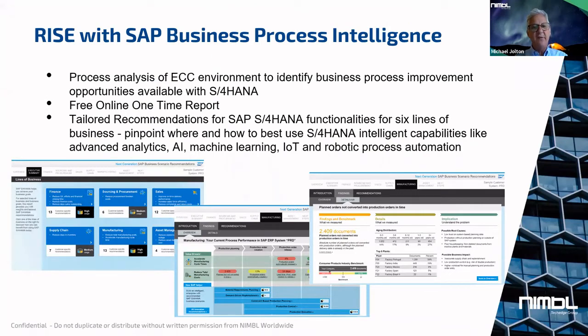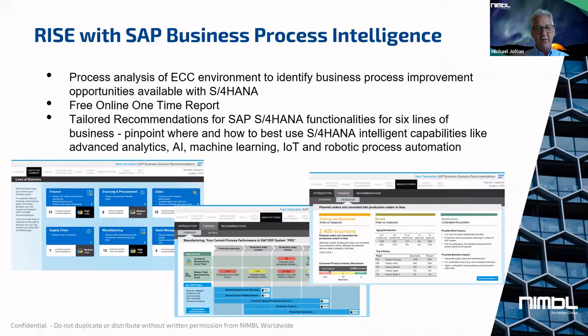So moving from that to the business process intelligence piece, for those of you on ECC who know this is going to be very similar to the business scenario recommendation report. And SAP is starting there, but they're creating a RISE only version, and then they'll continue to update this. So this is how things stand today. This could change in the very near future, but the idea is, go in, look at your ECC environment, and identify, looking at the data there, key metrics about your business.